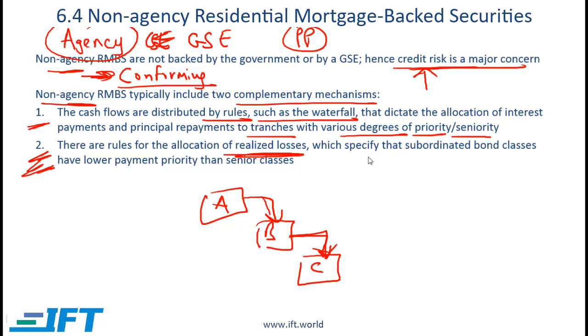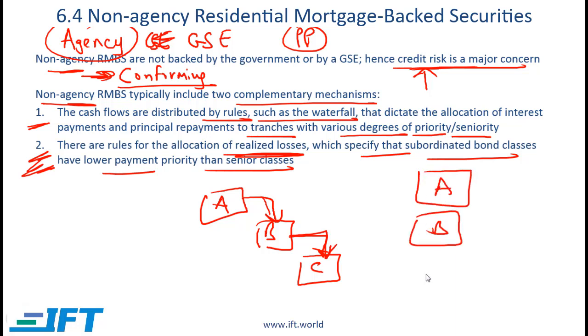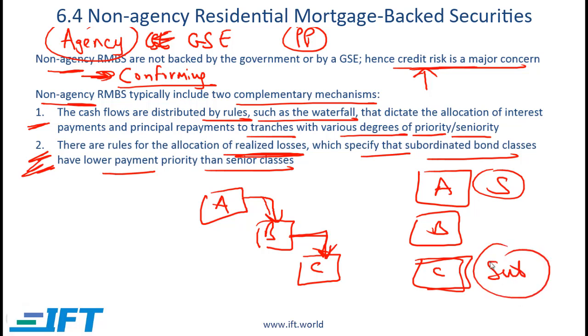So these rules must specify that subordinate bond classes have lower payment priority than senior classes. In a sense, what is happening here is credit tranching, which we have talked about briefly before. There might be different bond classes such as A, B, C. We might say that A is the senior bond class and bond class C is the most subordinated bond class.